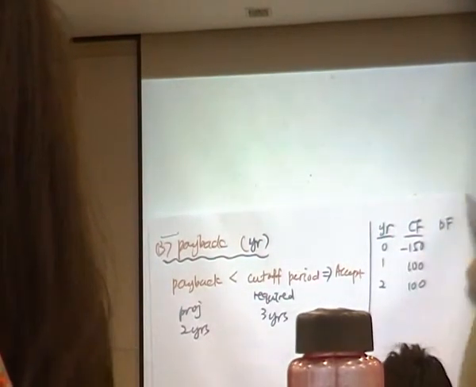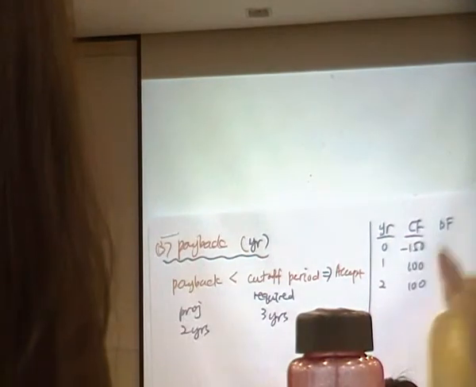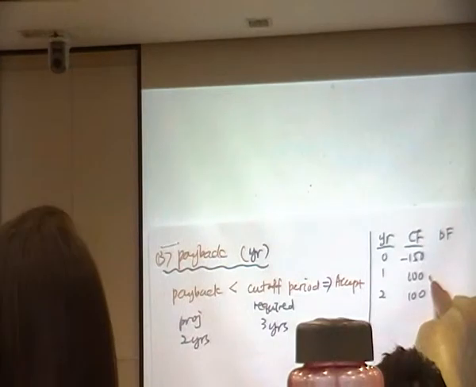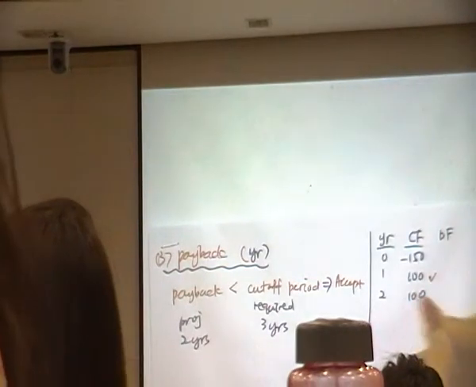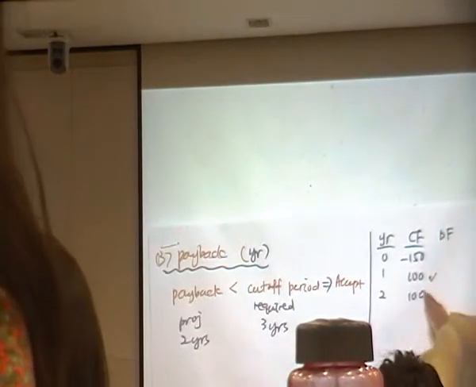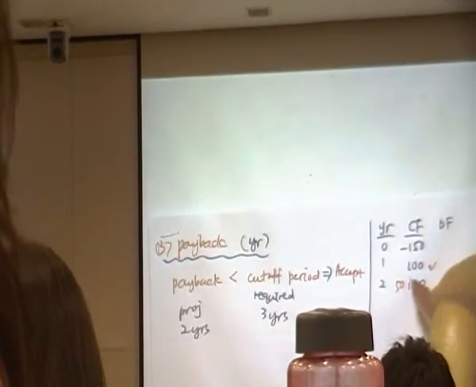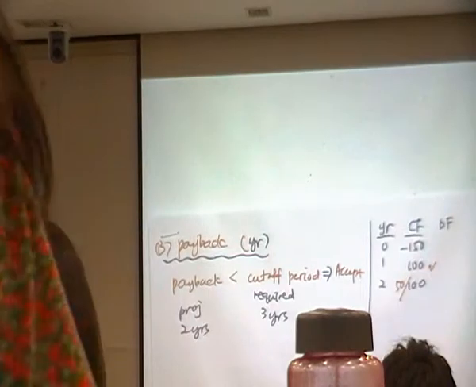Let's say, in this case, are we able to get the money back in year 1? No. Are we able to get the money back in year 2? Yes. But we don't need the whole 100. We only need another $50 of the 100. Okay?